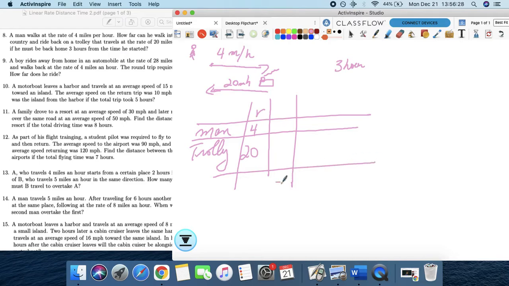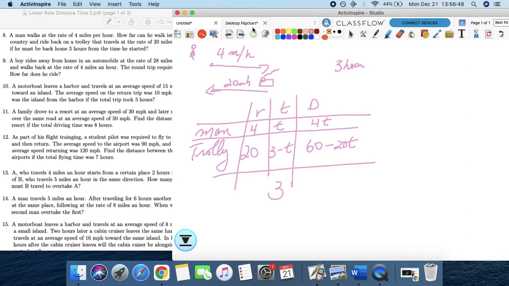I know the total time is going to be 3. Let me write distance here. So the time the man spent walking was t. So obviously the time on the trolley would be 3 minus t. So the distance here, we multiply: 4 times t is 4t, and distributing gives 60 minus 20t.